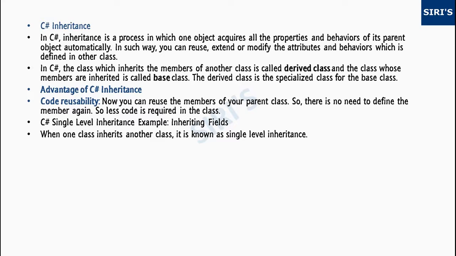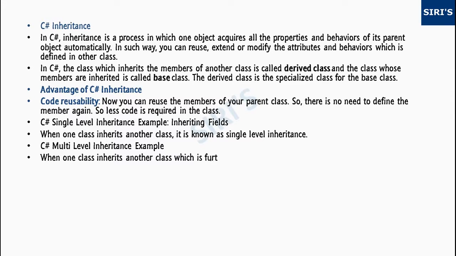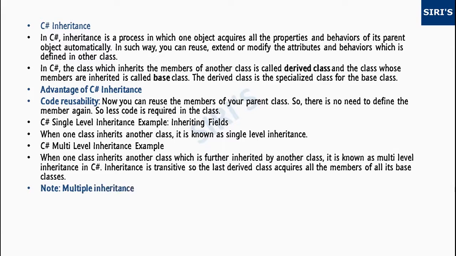Inheriting fields. When one class inherits another class, it is known as single level inheritance. C# multi-level inheritance: when one class inherits another class which is further inherited by another class, it is called multi-level inheritance. Inheritance is transitive, so the last derived class acquires all the members of all its base classes.